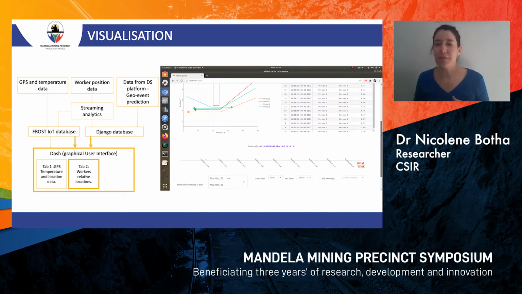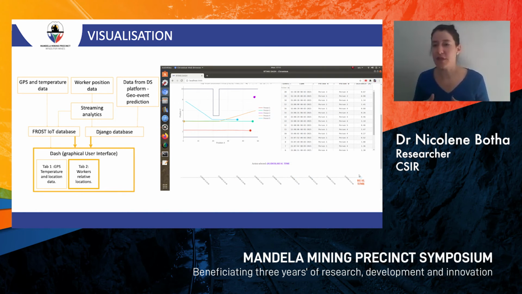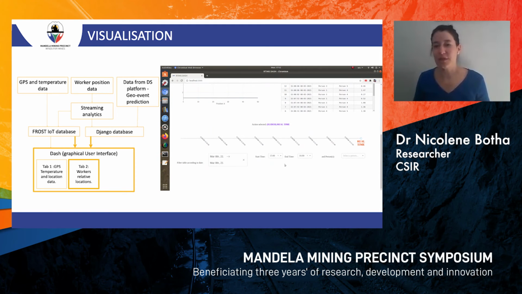The graph can be moved back in time to show snapshots at previous instances by using the slider, and the table, which contains the time that the event was recorded as well as the individuals involved and their relative distance from each other, can be filtered using the controls below.